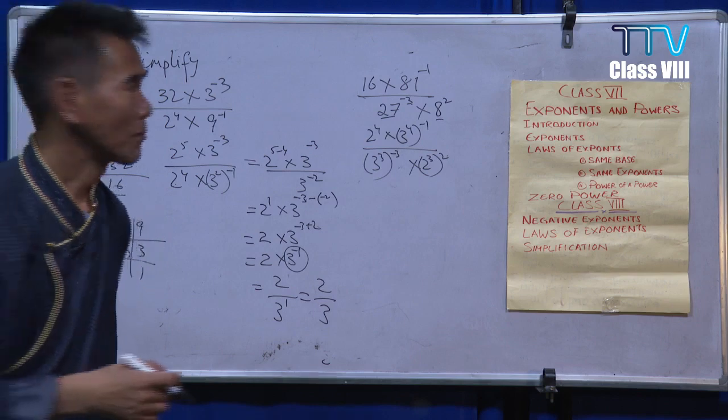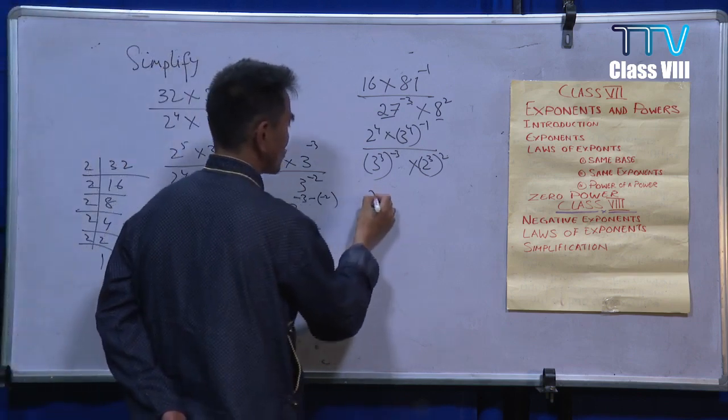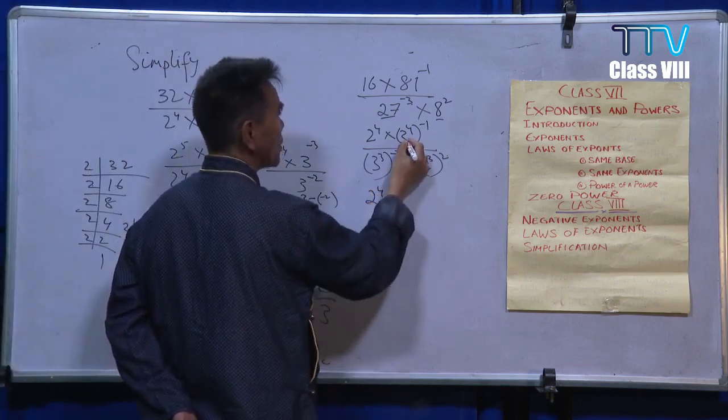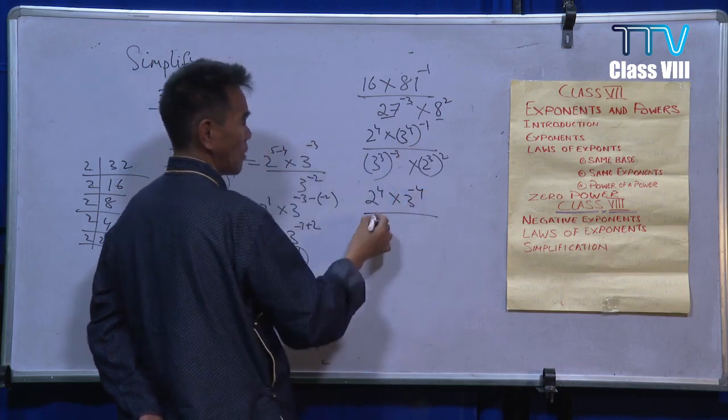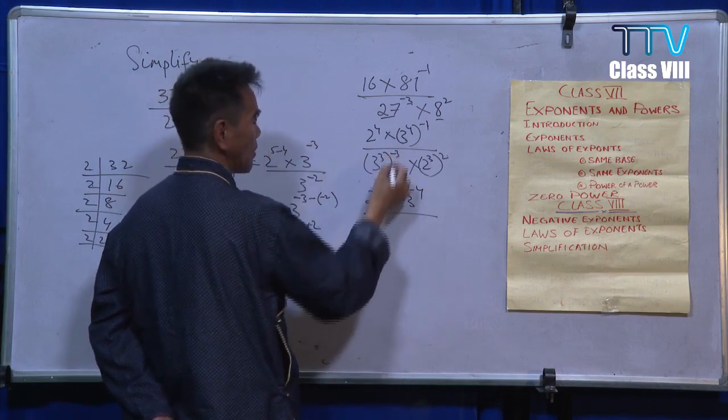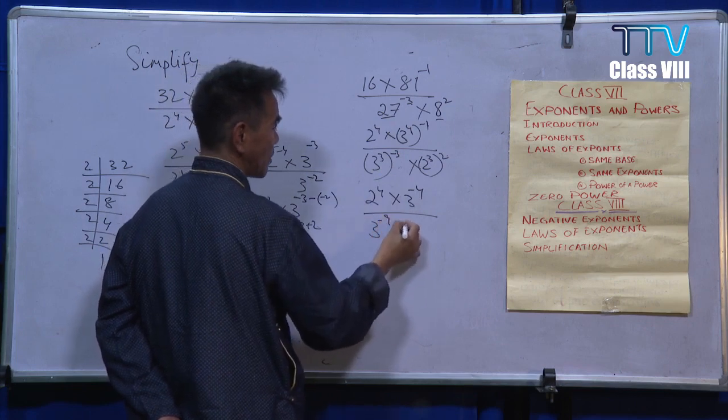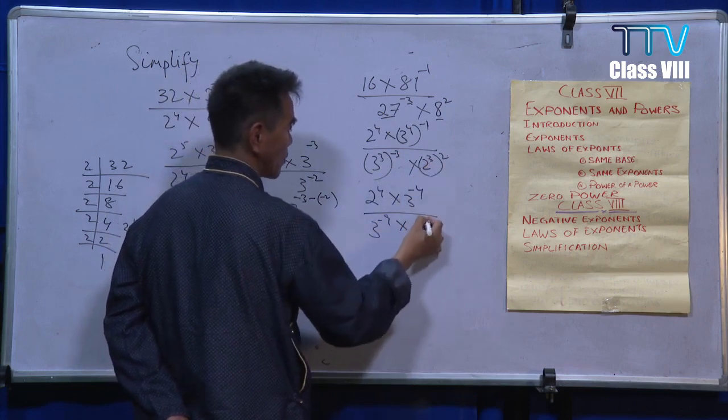So 2 raised to power 4 multiplied by 3 power negative 4, and 3 raised to power 3 multiplied by 3 negative 9, multiplied by 2 raised to the power 6.